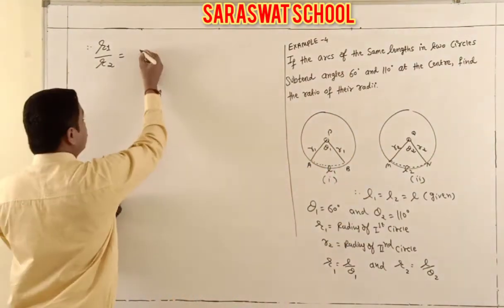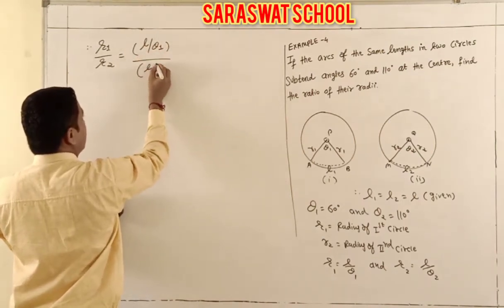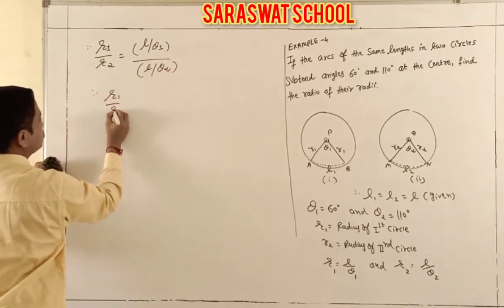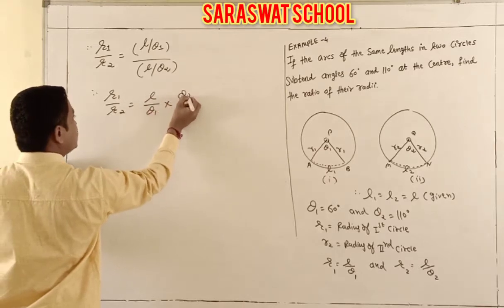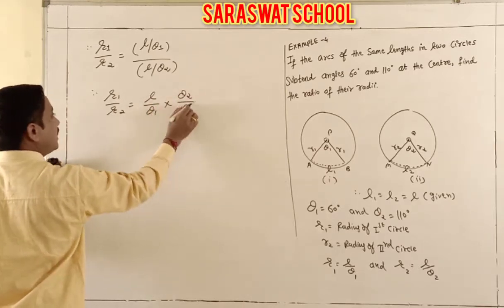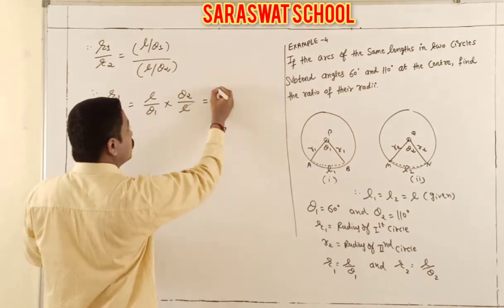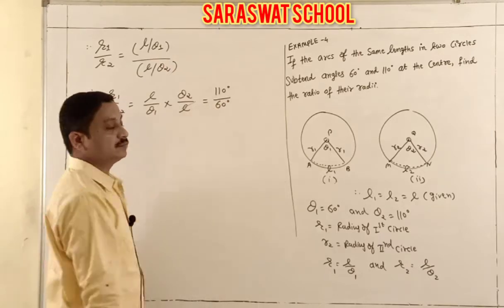My R1 value is L by theta 1, and R2 is L by theta 2. So what you get for R1 by R2? L by theta 1 into theta 2 by L. Cancel, and put the value of theta 2: 110 upon 60 degrees.